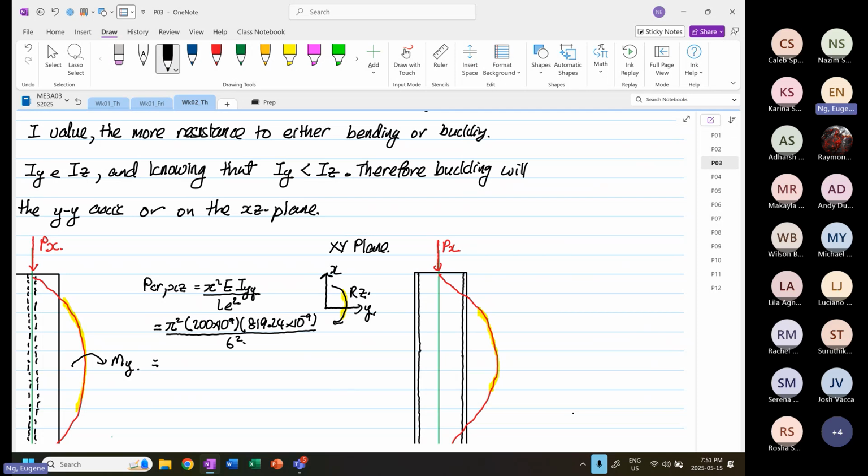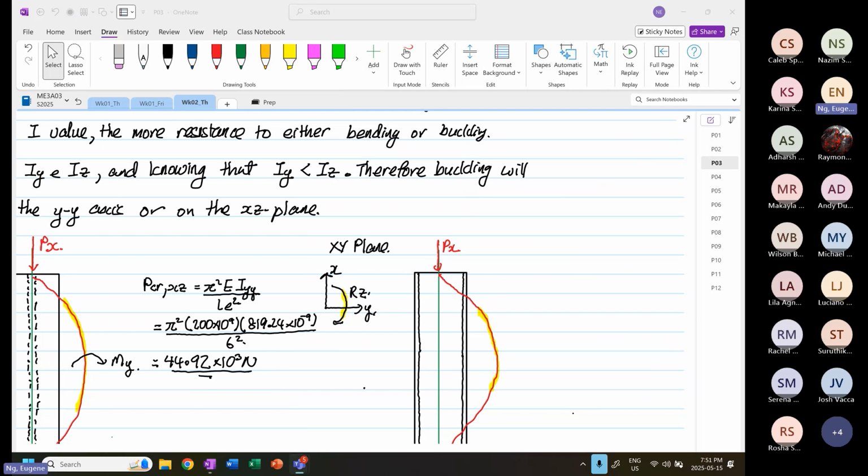This gives pi squared times 200 times 10^9 times 819.24 times 10^-9 divided by 6 squared, which is equal to 44.92 times 10 to the power 3 Newton.